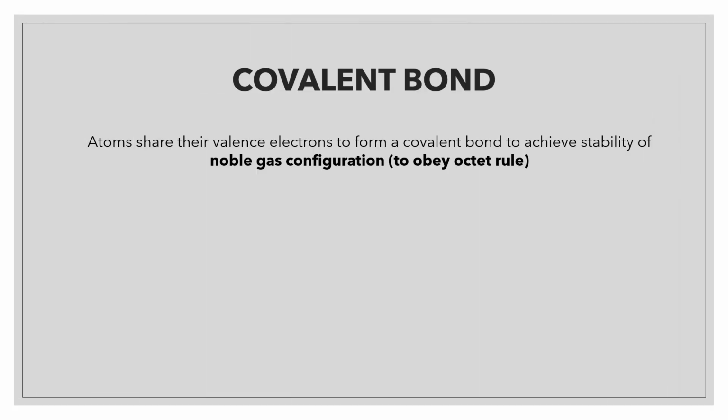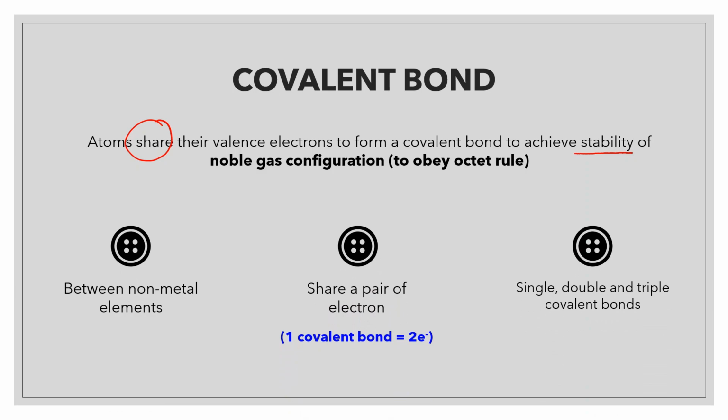Covalent bond is formed when atoms sharing their valence electrons in order to achieve stability of noble gas configuration, or it is also said as to obey octet rule. So in order to form covalent bond, it will involve non-metal elements, and these non-metal elements will share a pair of electrons to form a covalent bonding.